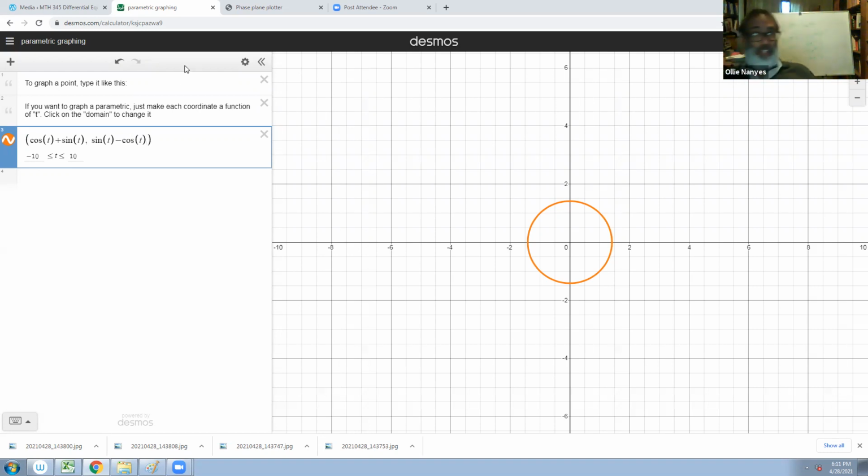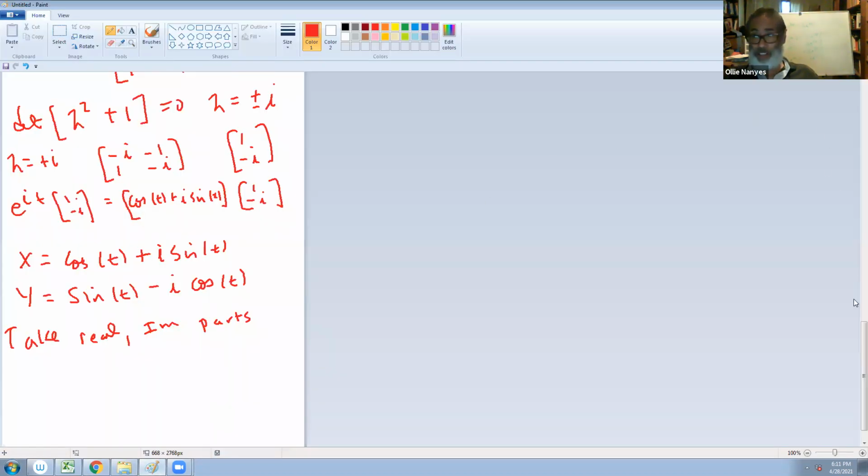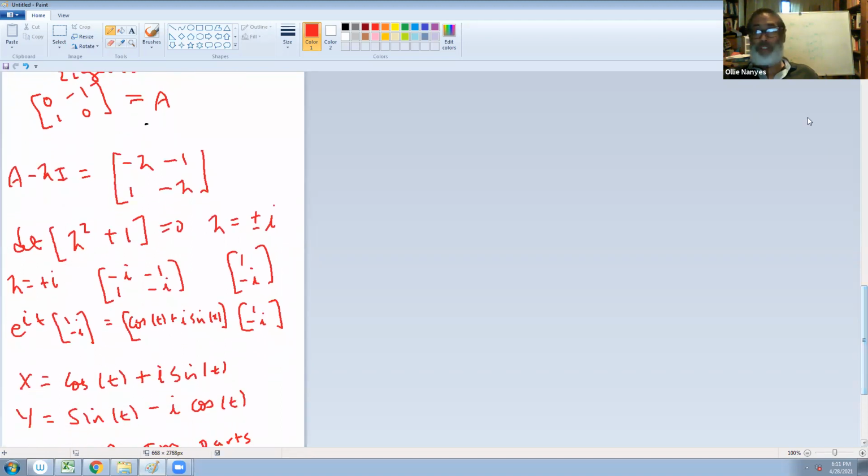Now, the phase plane is kind of interesting as well. Let's go ahead and do this. And again, you have to be careful here. The A I used to get the center, and that's what this is called. It's called the center. It's 0, negative 1, 1, 0.